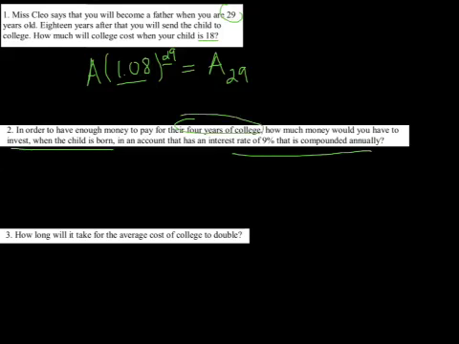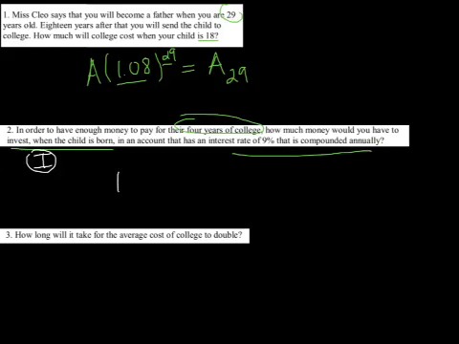So we want to write that out and express what we know. What we don't know right now is how much we've invested. That's what we're trying to find out. So let's write it out with all the stuff that we do know.